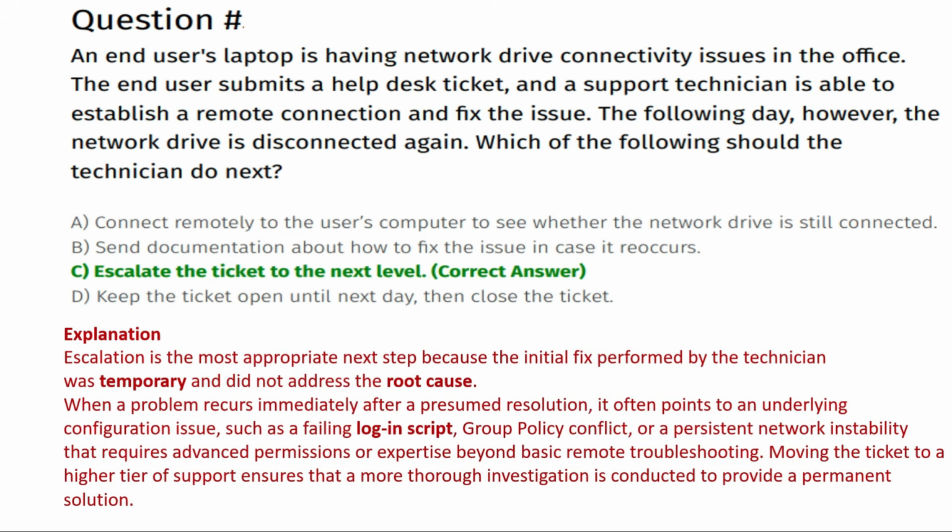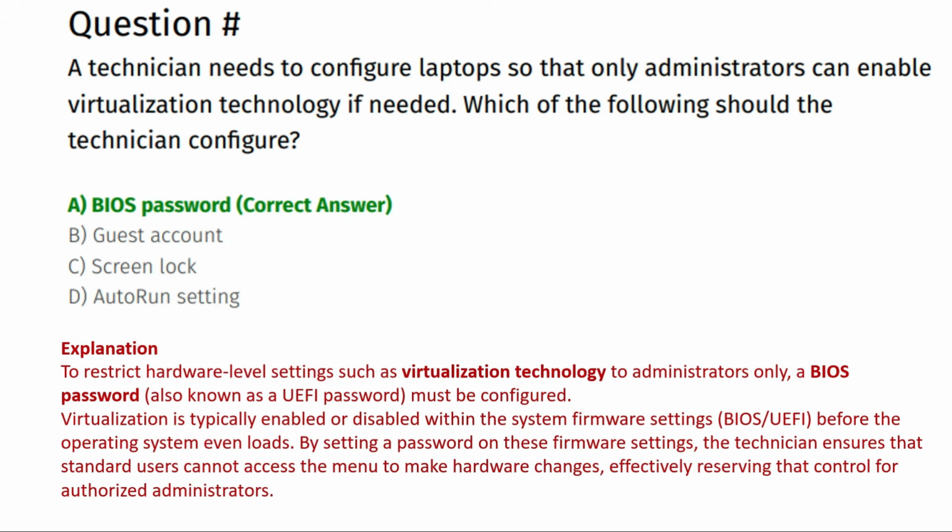Moving the ticket to a higher tier of support ensures that a more thorough investigation is conducted to provide a permanent solution. So that's why the correct answer for this question is option C, escalate the ticket to the next level.